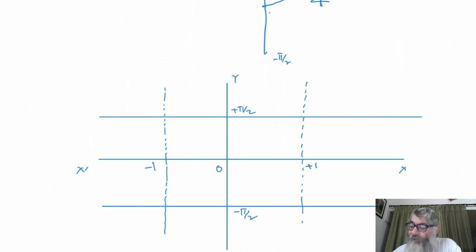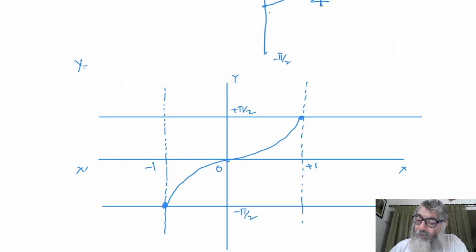And the curve of inverse sine x will come like this. This is y is equal to sine inverse x. This is the curve.